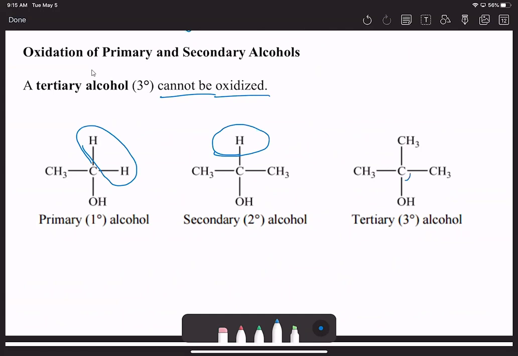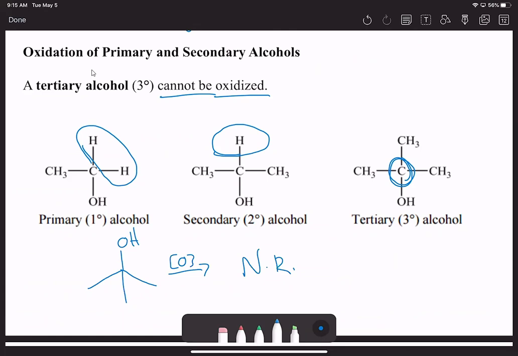Well, there's no hydrogens on a tertiary alcohol, and you need to have a hydrogen on that particular carbon in order for it to oxidize. So if we have a tertiary alcohol and we try to oxidize it, we get no reaction. Right? Tertiary alcohols will not oxidize.